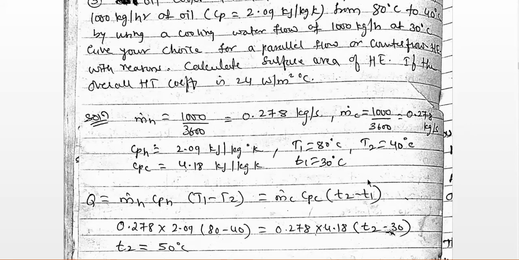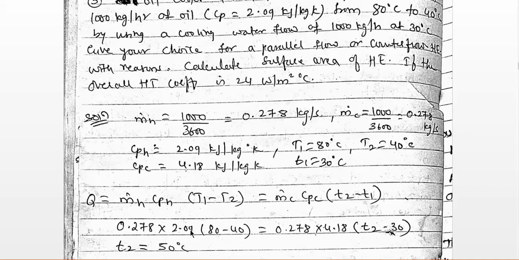How are we going to calculate it? With the help of this equation: heat rejected by the hot fluid is equal to heat gained by the cold fluid. Just substitute all the values here. Mass flow rate, specific heat, multiplied by 10 raised to 3 to avoid complications later on.